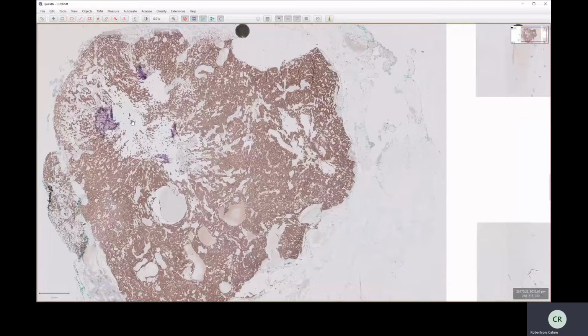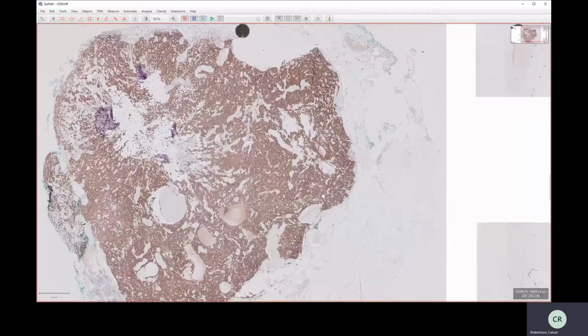So we've got a hematoxylin counterstain, and the brown stuff is the positively staining immunohistochemistry product. This is a stain against CD56, which we often use in neuroendocrine tumors, and which is positive in neuroendocrine tumors.